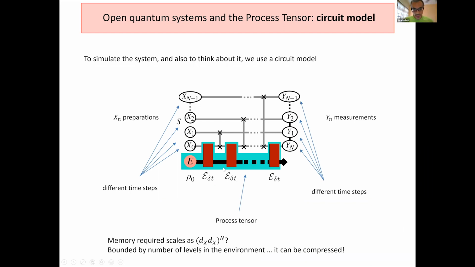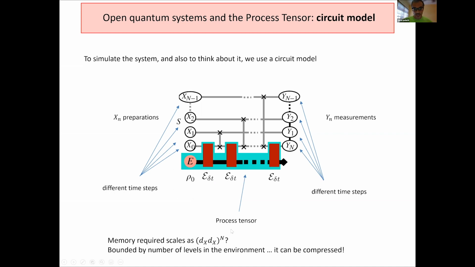If you think about it though, you may wonder how much memory do you need to do this? The first thought you could have is that if the size of the inputs is d to the x and the size of the output is also d to the x, then you will need d_x squared to the power of n.